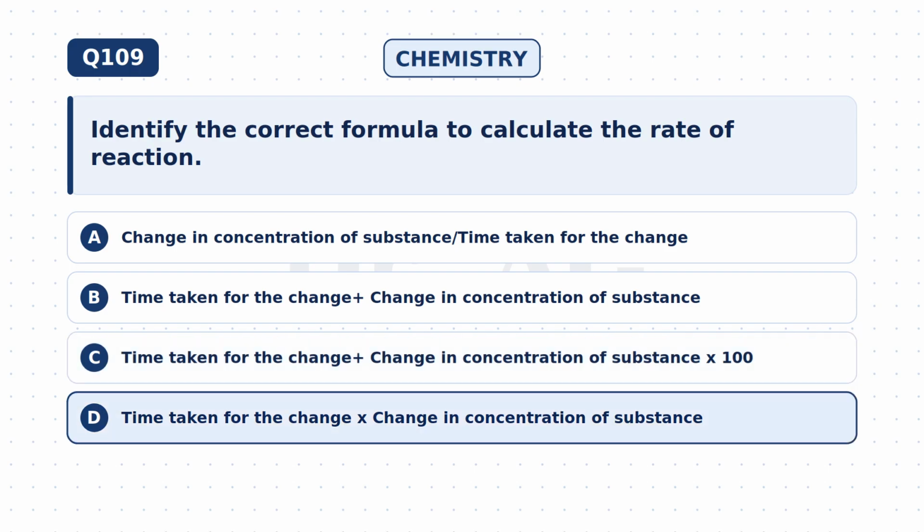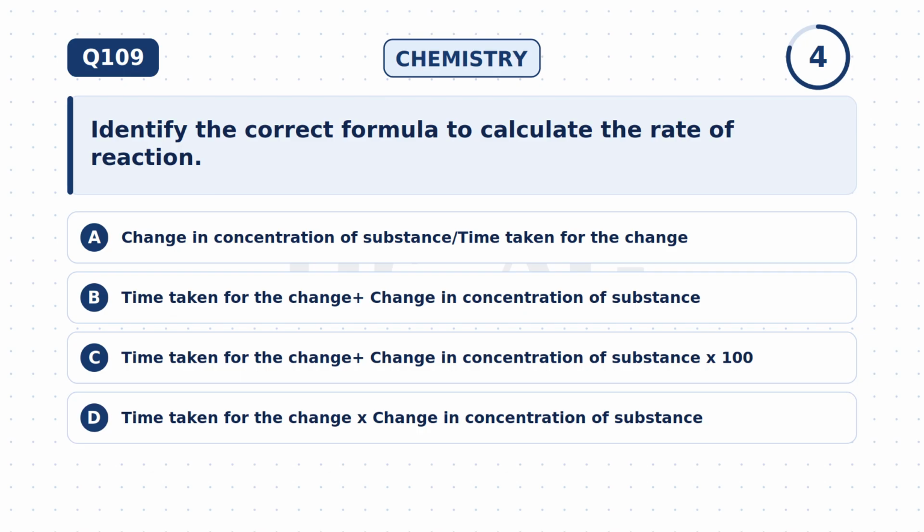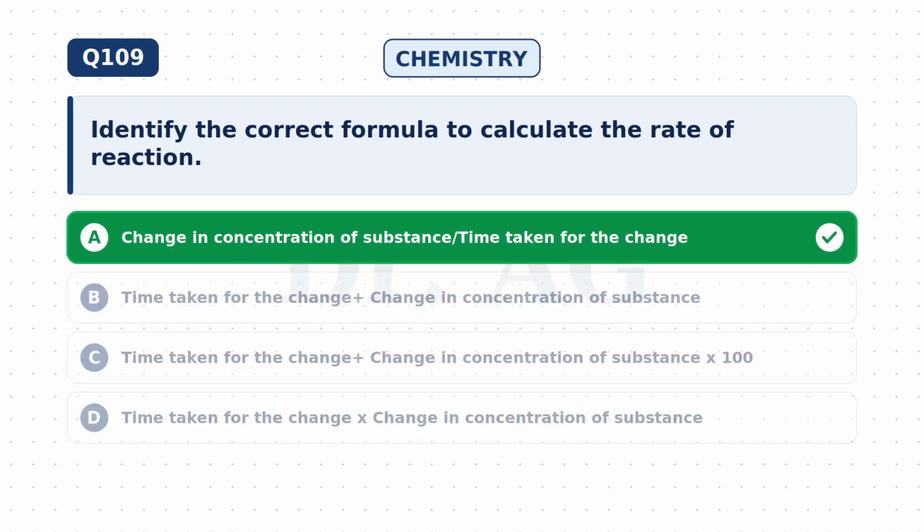Option D, time taken for the change in concentration of substance. The correct answer is A. Change in concentration of substance over time taken for the change.